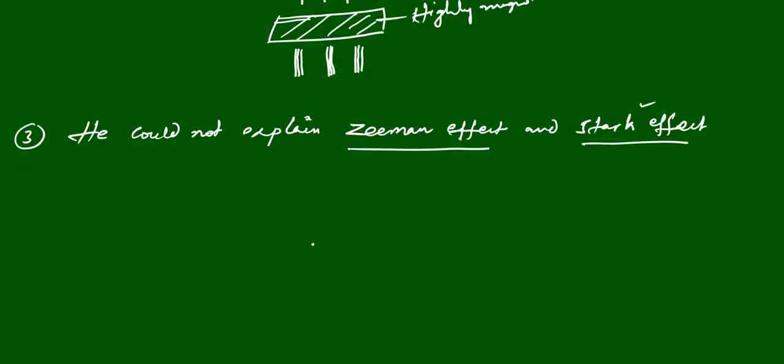These are also very important. Sometimes they may ask you for your board level what is the Zeeman effect and what is the Stark effect for 2 marks. And also at competitive level they may ask you what is the Zeeman effect.